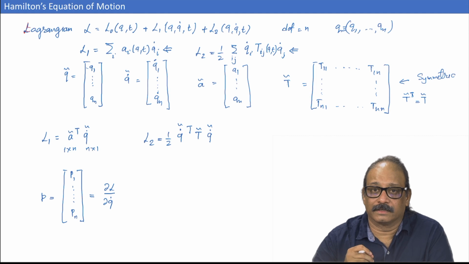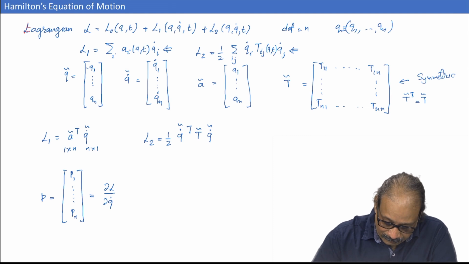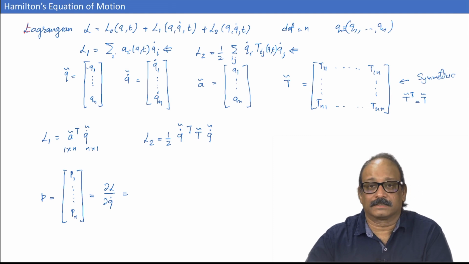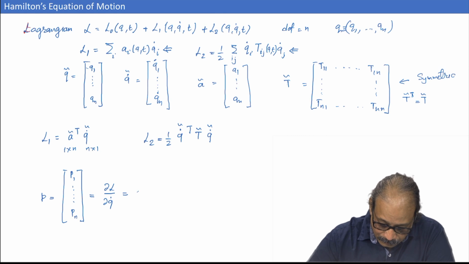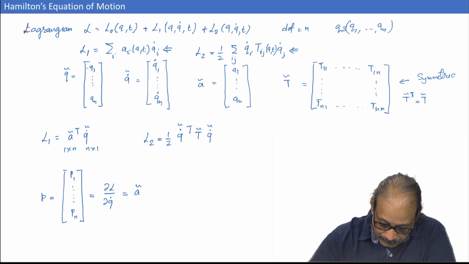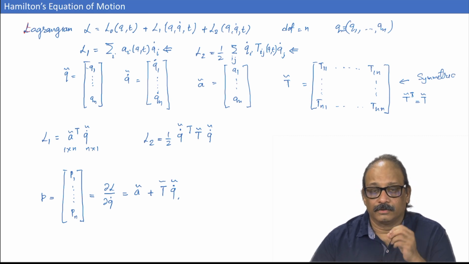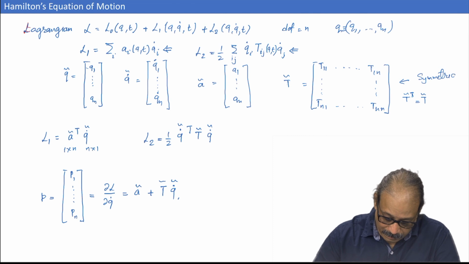This is when you take a partial derivative of L2 with respect to Qi dot. Okay. So, let me write the final result here. What would this come to? This would be A tilde, that is the A matrix, plus T times Q dot tilde.